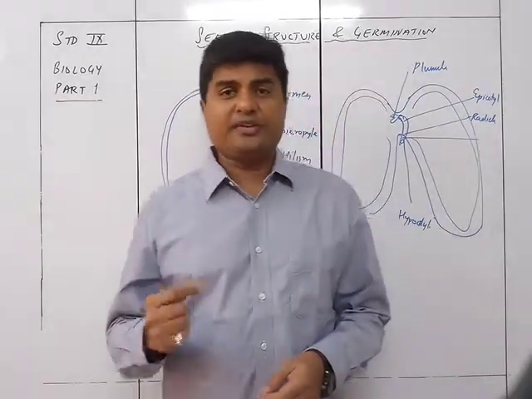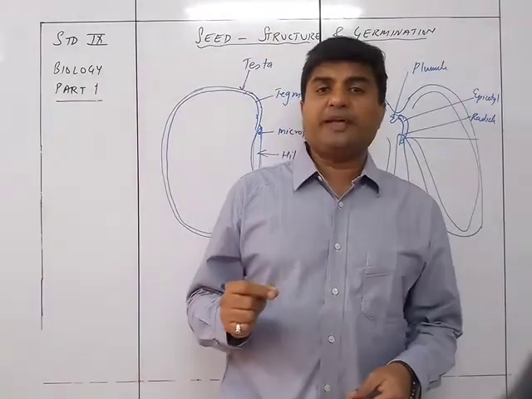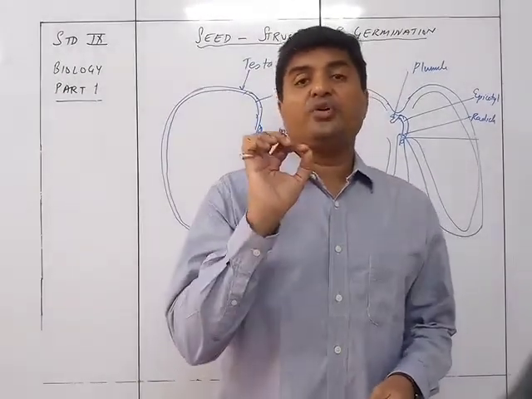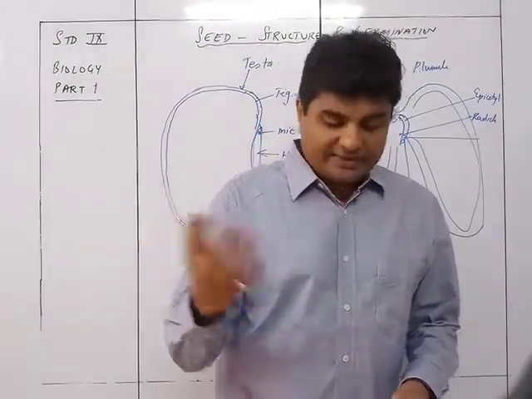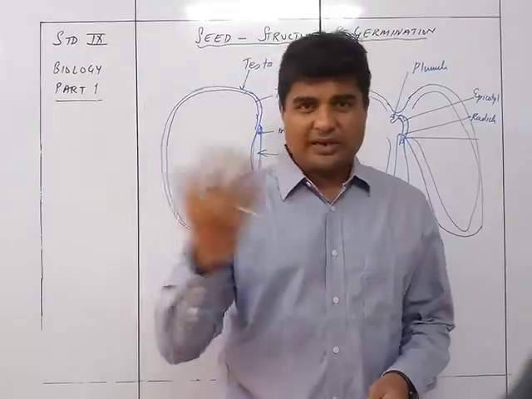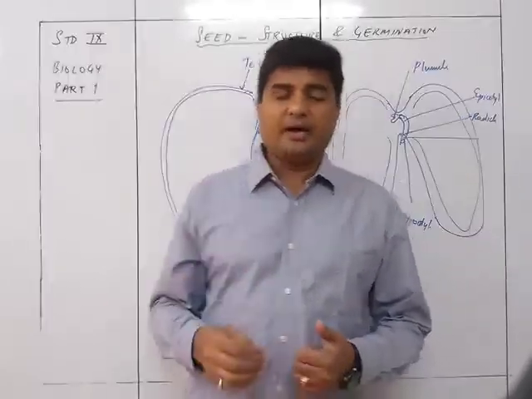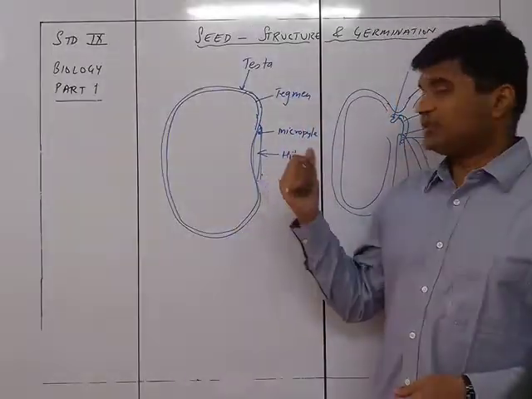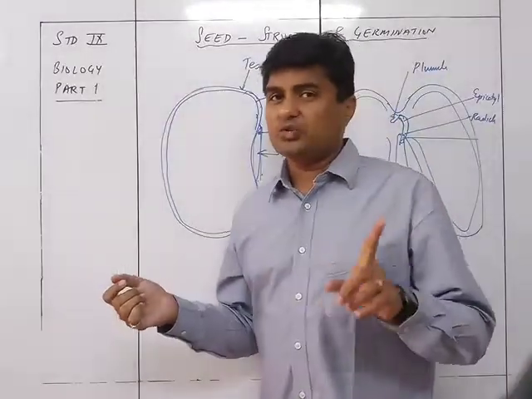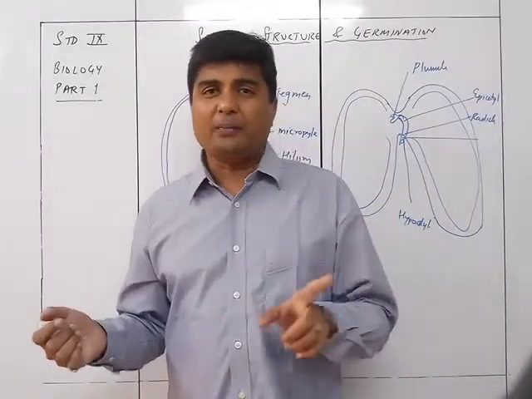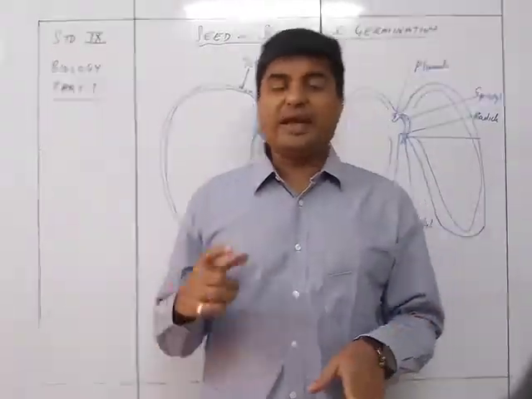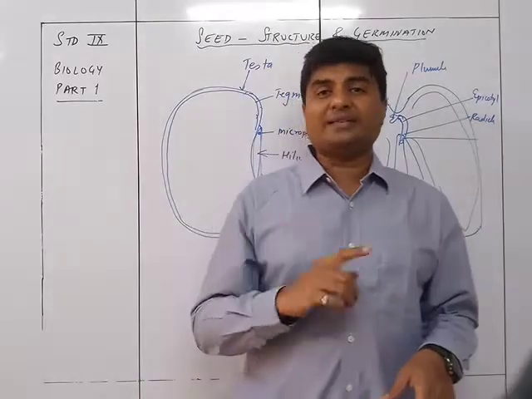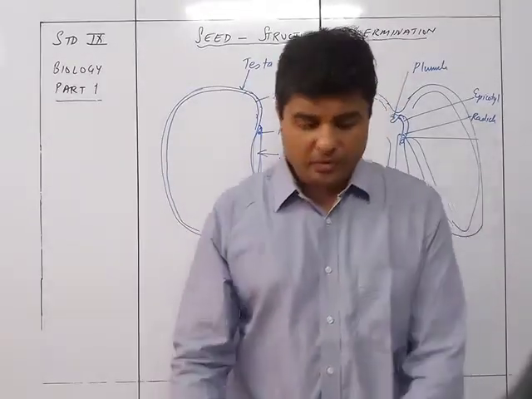Most of the respiration is anaerobic, but whatever respiration takes place, the diffusion of the respiratory gases, taking in oxygen and releasing carbon dioxide, is done with the help of the micropyle. So micropyle serves two purposes. One is the water intake by the seed during germination, and secondly the diffusion of respiratory gases during respiration of the embryo.